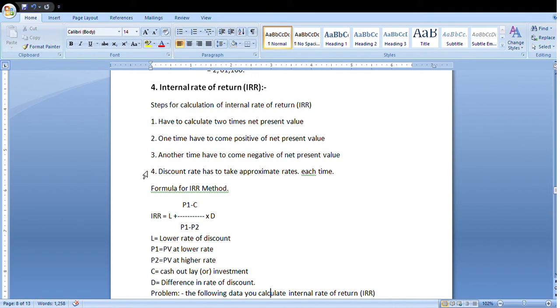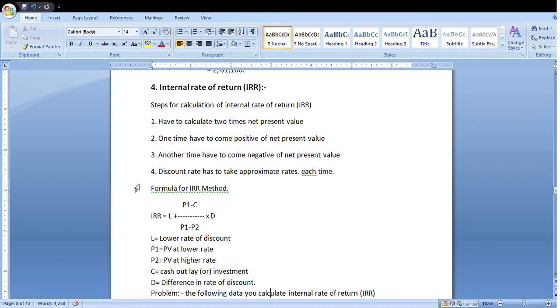In this problem, the discount rate or cost of capital rate is not given. You take it approximately each time. You take approximate rates two times. One time you take a value giving a positive net present value, next time a value giving a negative net present value.